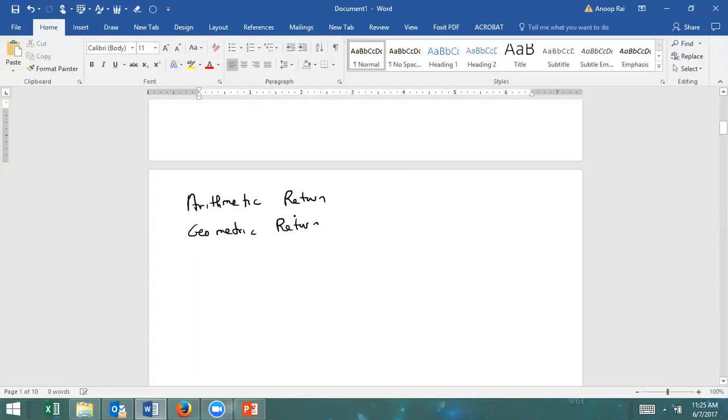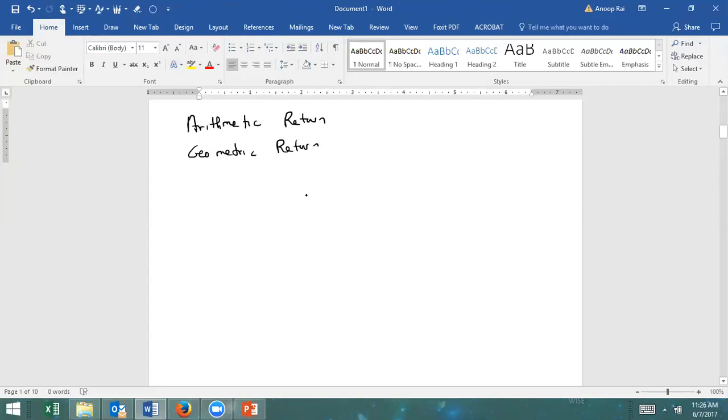And the reason is very simple, and it's a very important reason actually. The reason is that arithmetic return, if you use it to calculate returns over time, might not give you the right returns, okay? What do we mean by that? So let's start with a simple example.